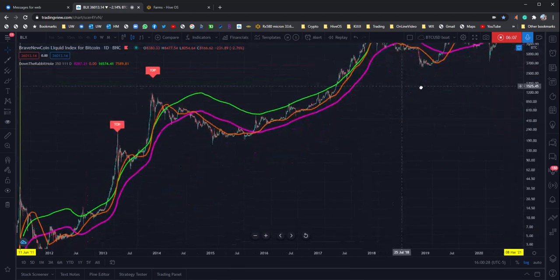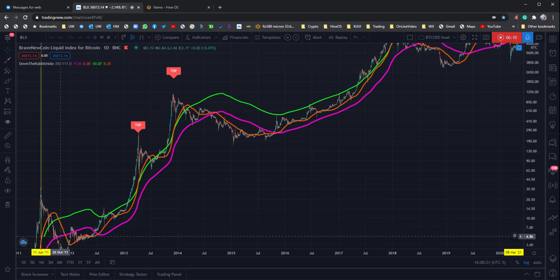Okay. So what do we see? We see the 350-day average, which is going to climb up with price. But we see the multiplier of 2 making the average much, much steeper, catching up to the 111, right?